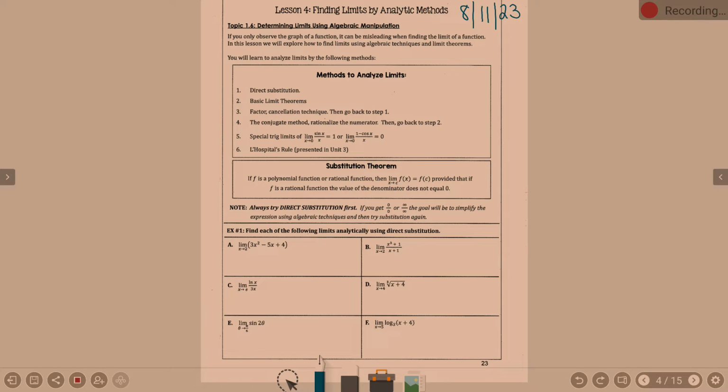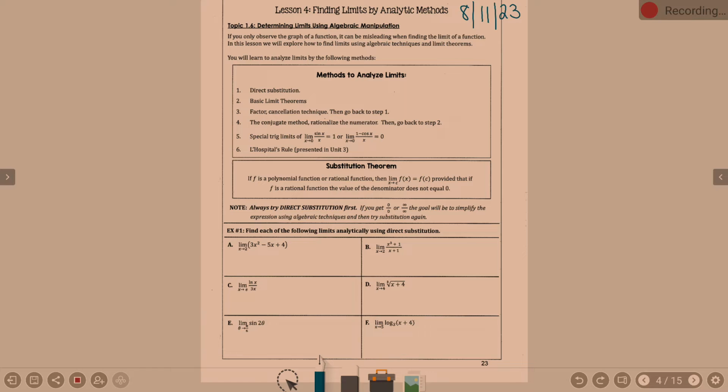So, example 1, find the limits using direct substitution. If you think about 3x squared minus 5x plus 4, what is that graph? It's a parabola. It's an x squared graph. That's my highest power. It's just a plain old parabola. You know a parabola is just going to be one continuous curve, right?